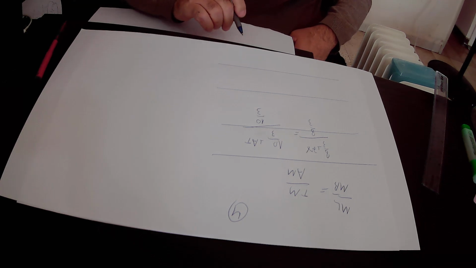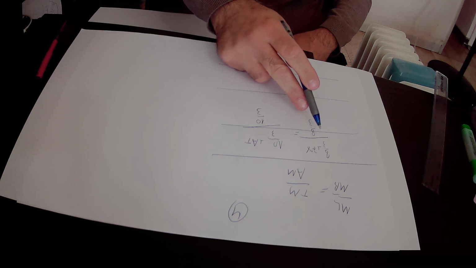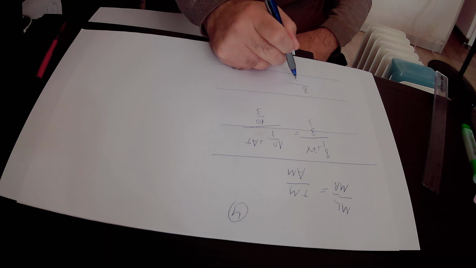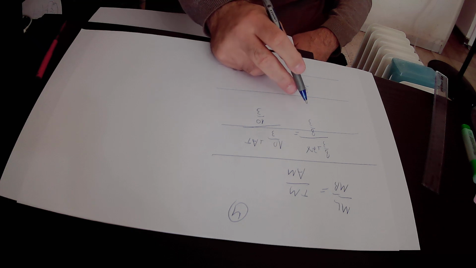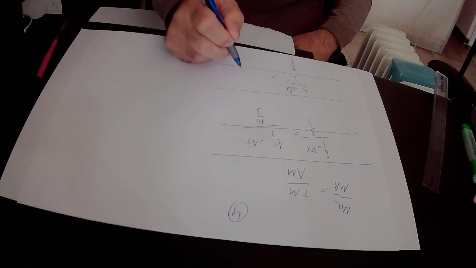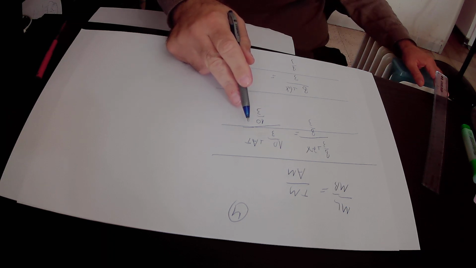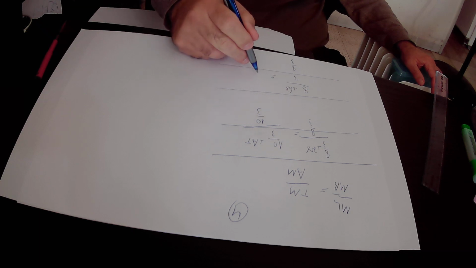In the next step, we'll multiply 2x by 3 and then we'll divide it by 3 in order to have a common factor of 8 over 3. So we have 8 over 3 plus 2x times 3, which is 6x, over 3, over 8 over 3, is equal to, here we multiply AT by 3 and then we divide it by 3 in order to have a common factor of 8 over 3.